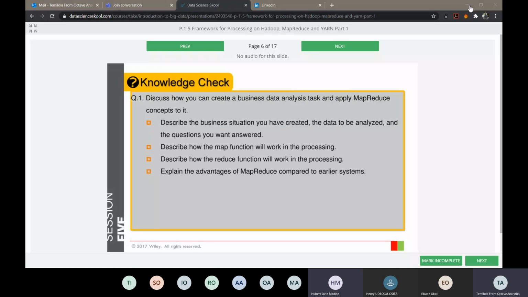So I'll create a business problem. I really don't know how this works, so I'm just trying to be as abstract as possible. Probably MTN, I always give you this example, I don't know why. MTN wants to know how many people are using the 1 GB plan in each state in Nigeria.